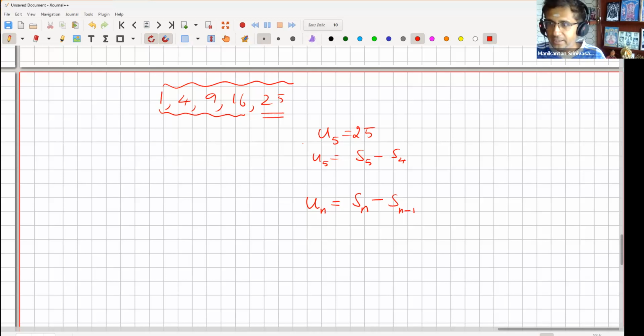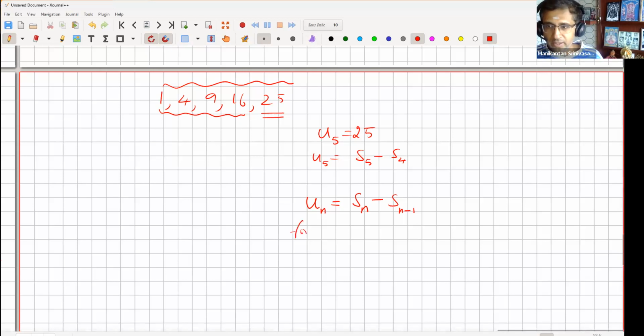If I know the sum till n terms, which means I have a formula in terms of n, and in the same formula I substitute n minus 1 instead of n, then I get Sn minus 1. And the difference between these two gives me the nth term by definition for any sequence, right? For any sequence, this is true.